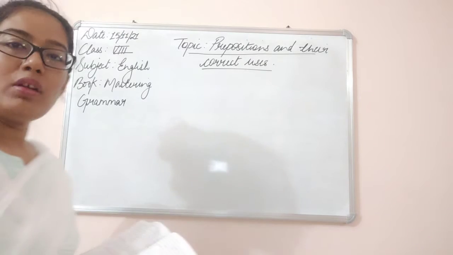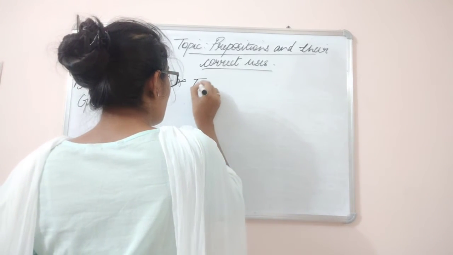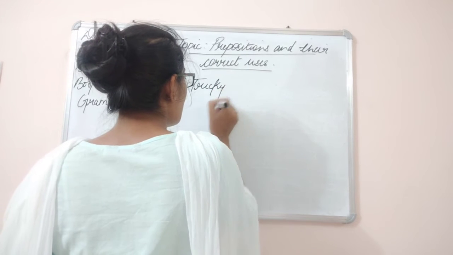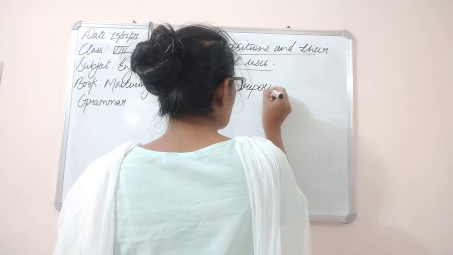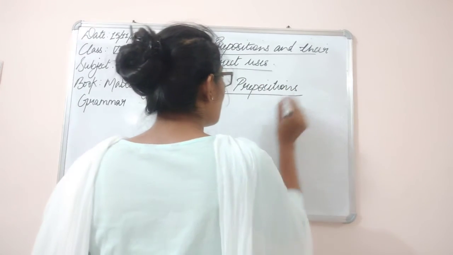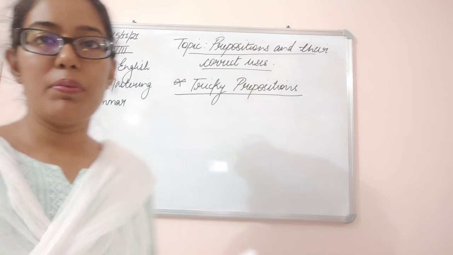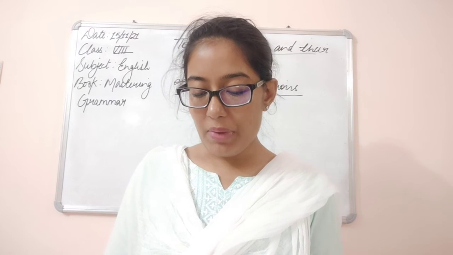Now let's move on to another subheading, that is tricky prepositions. One can agree with an opinion or a person, but agree on a matter or decision, and agree to a suggestion.